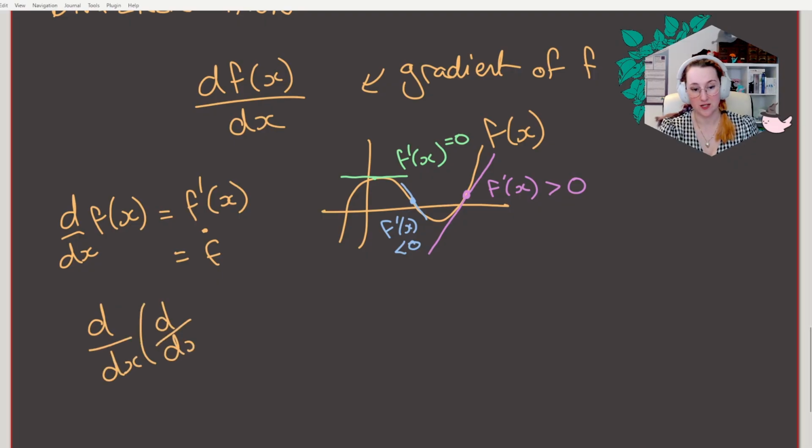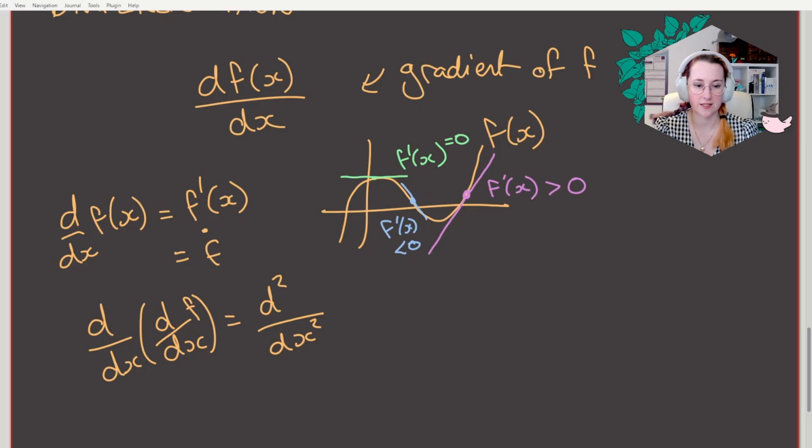So d dx of d dx of f is d2 dx squared, so that you're not actually multiplying the d's and the x's. They are functions, but we write it this way. But that could also be f double prime, and that can also be f double dot. So depending on what notation you're using, it can be a range of those.